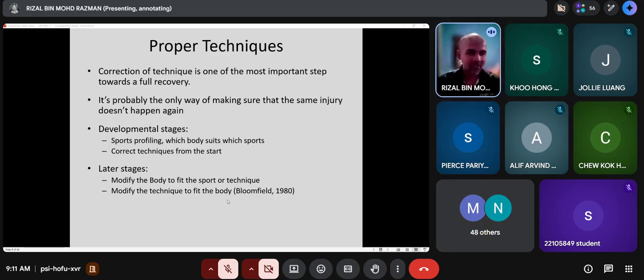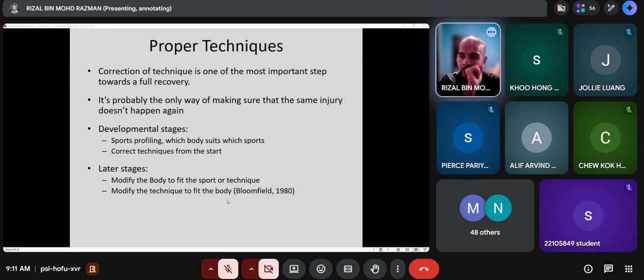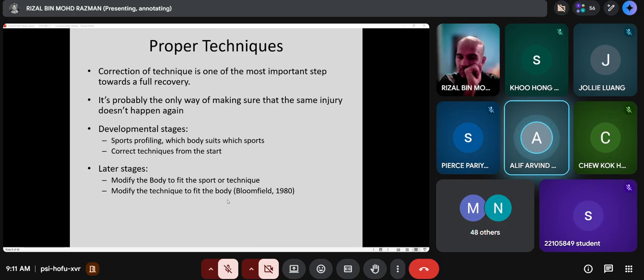Very good. Okay, other than that, what other ways can you ensure that the technique is correct from the start? How do you ensure the technique is correct from very young? From very young, like in a self perspective?